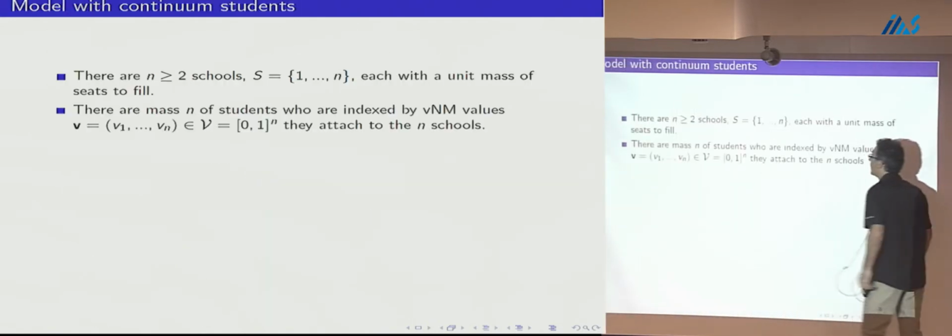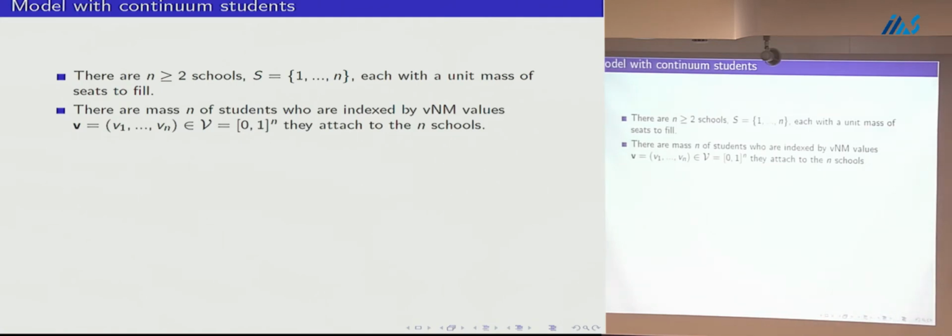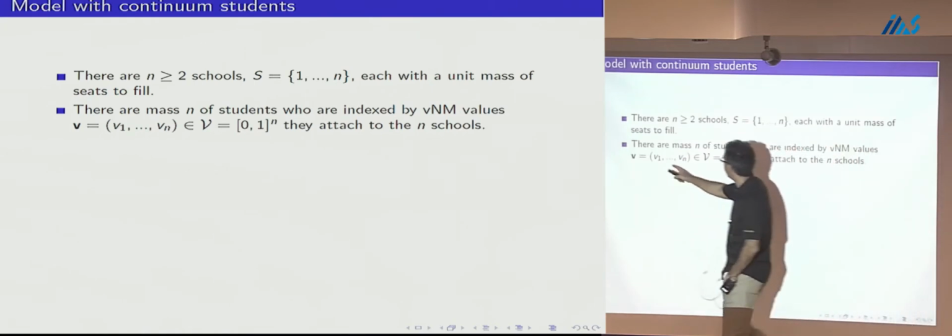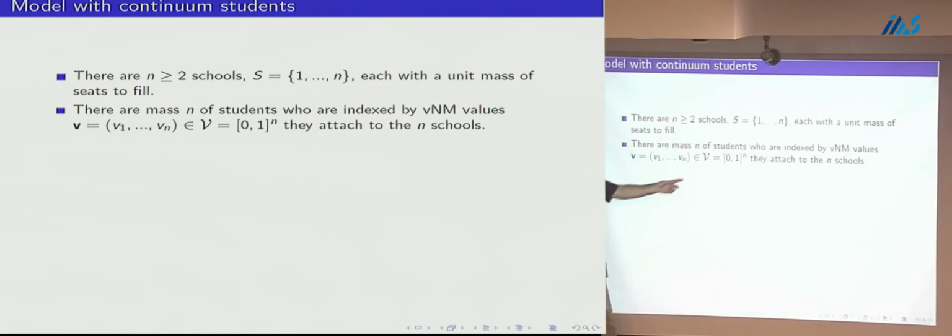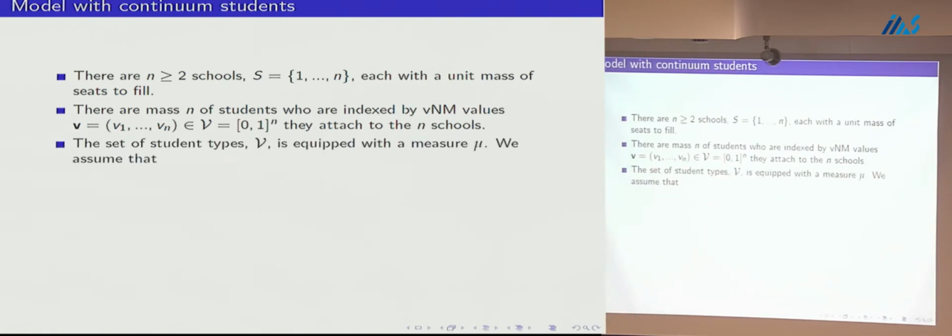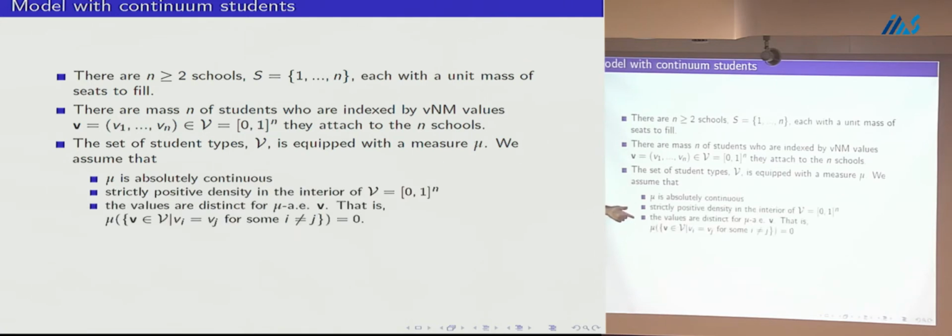So here is the model with a continuum of students. There are at least 2 schools, each with a unit mass. Students are going to have cardinal valuations, which are going to be drawn from this set. And we are going to have some regularity conditions.